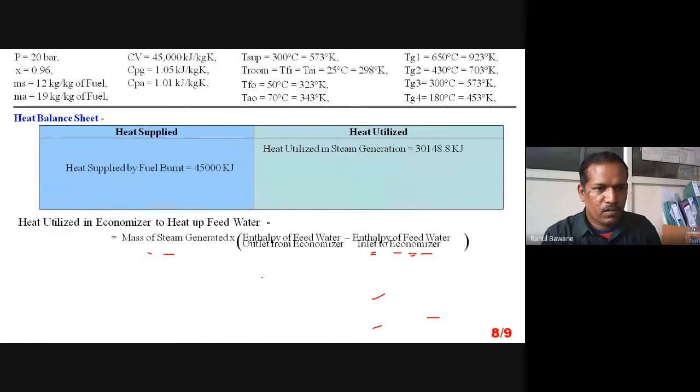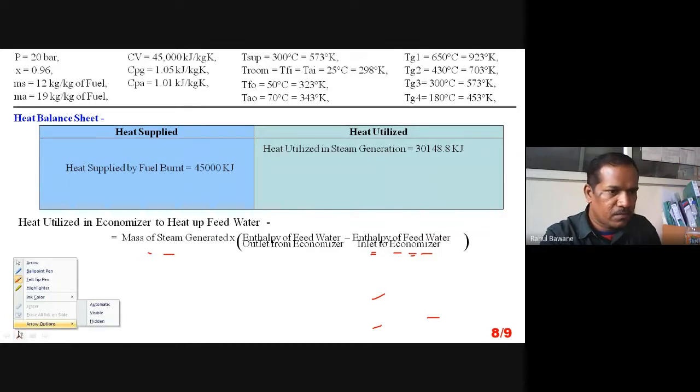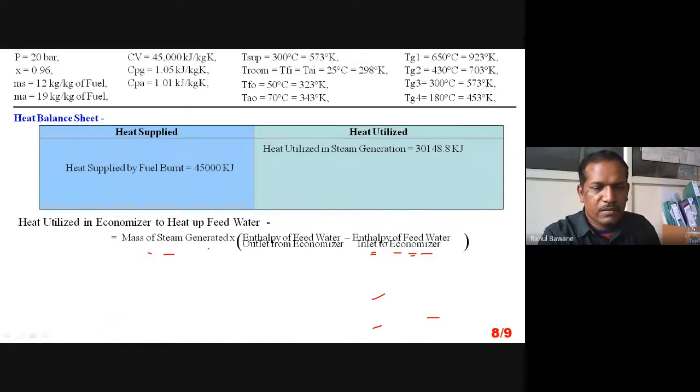Next, heat utilized in economizer. What is the amount of heat utilized in economizer? So mass of steam generated, enthalpy of feed water outlet from economizer minus enthalpy of feed water inlet to economizer. So MS (HFO minus HFI).